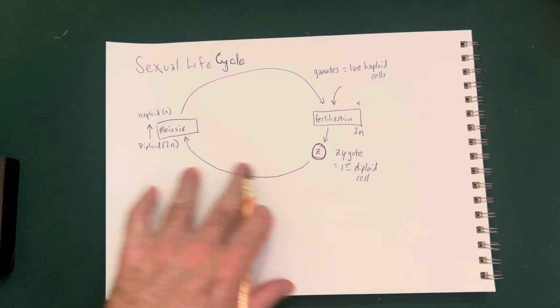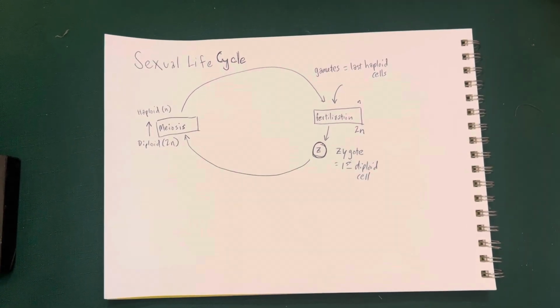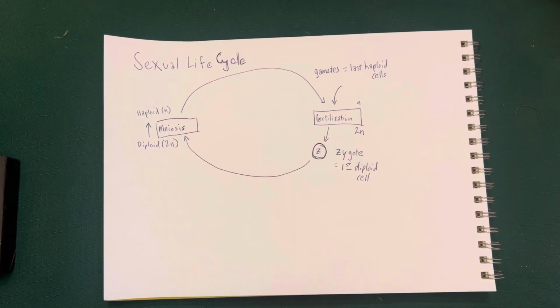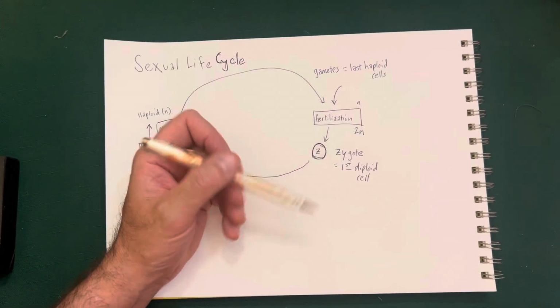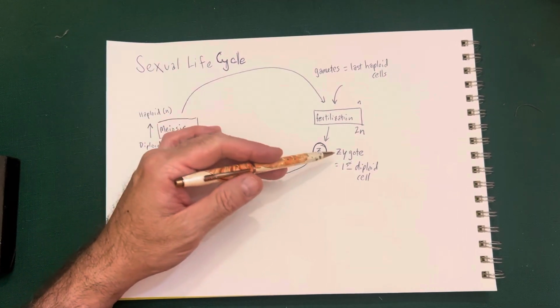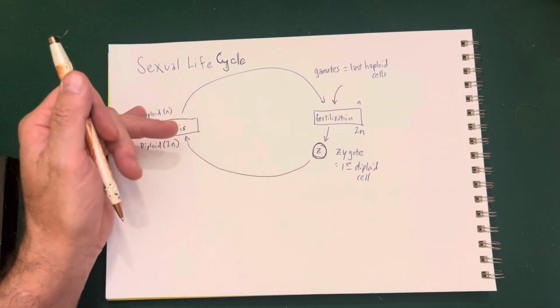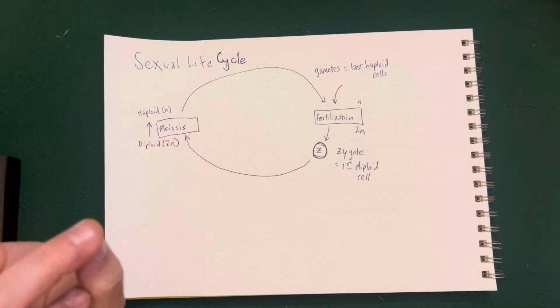So this right here is your generalized case of a sexual life cycle going back and forth between being diploid and haploid, haploid and diploid. Gametes fusing to form a zygote, and then that diploid cell, somehow or another, eventually we're going to end up producing more haploid cells. Okay?